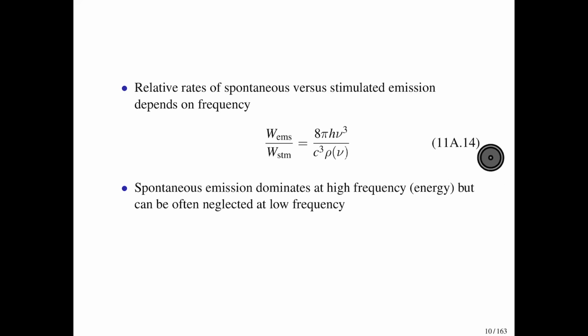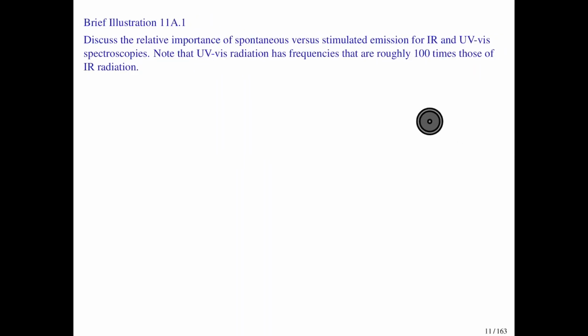Okay, and so this next conceptual problem asks us to discuss that. So we're considering the relative importance of spontaneous versus stimulated emission in IR versus UV-vis spectroscopy. And the hint here is that we are to note that UV-vis radiation has roughly 100 times the frequency as IR.